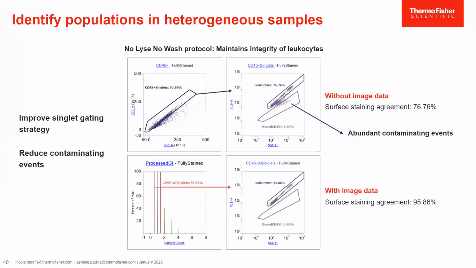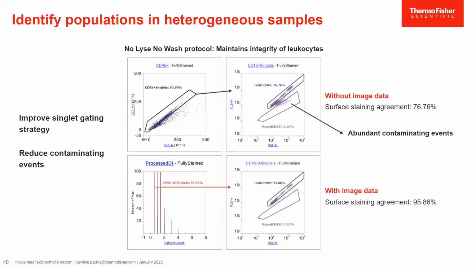We can use the particle count parameter to discern singlets and gain better agreement with surface staining. Using a simple singlet gate, particle count equal to 1, as I showed before, we can exclude unwanted events.